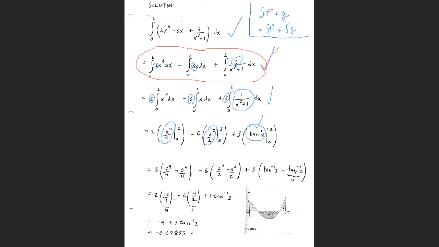Well, now I'm going to use the evaluation theorem on each of these expressions here. And that's what I've done here. So this is the kind of work I would want to see on the final exam. I want to stress this.